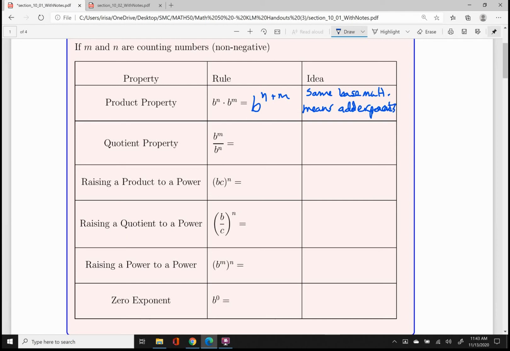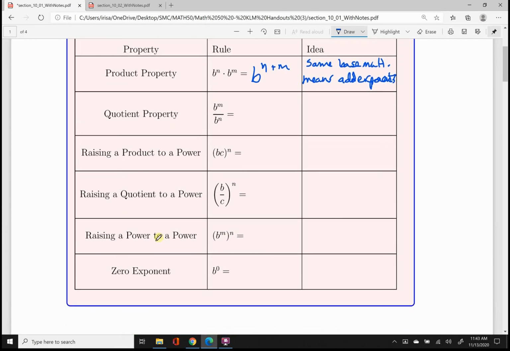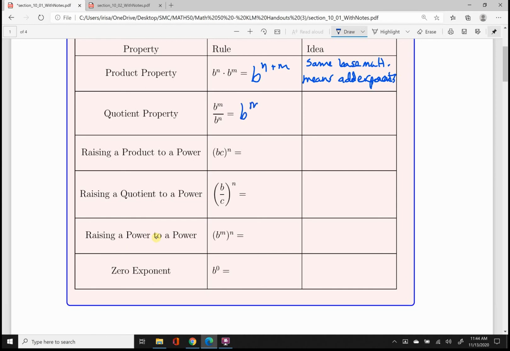So we're going to try and come up with little one-liners to describe what's going on here in the idea column, all right? So quotient property, similarly but a little different, dictates that if you have exponential expressions being divided or in a fraction configuration, as long as the bases are the same, you get to subtract the exponents, but make sure you do it always numerator exponent minus denominator exponent, okay?